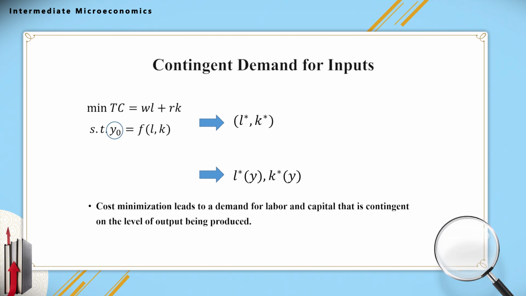It can be seen that cost minimization leads to a demand for labor and capital that is contingent on the level of output being produced. It is also called a derived demand, since it is based on the firm's output.